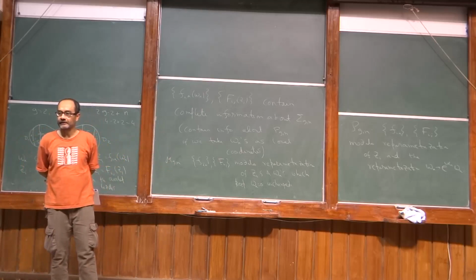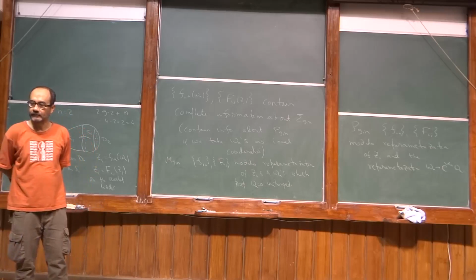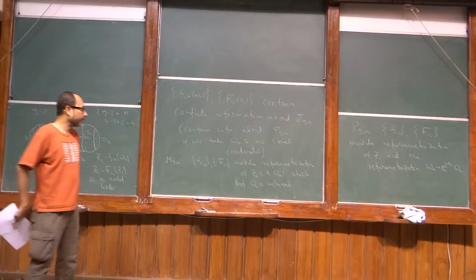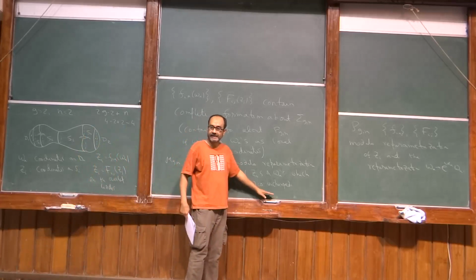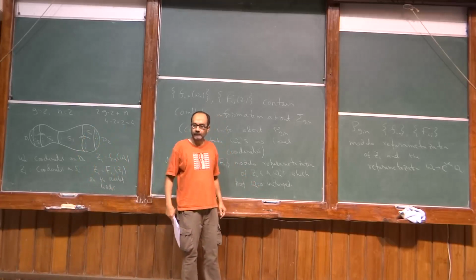So we are modding out the transformations or the reparameterizations which shift W equals 0 and do not shift W. The reparameterization should keep W equal to 0 fixed. It doesn't shift W equal to 0. That should be included in MGN.